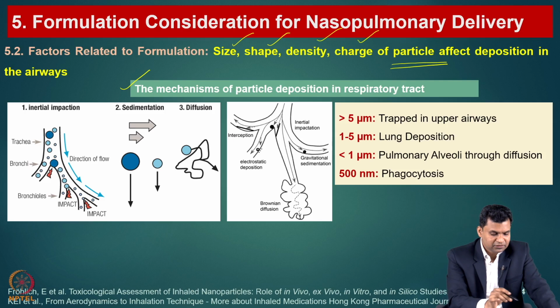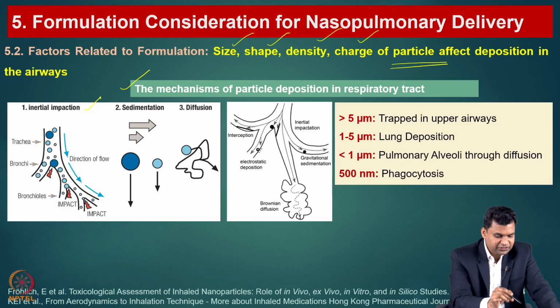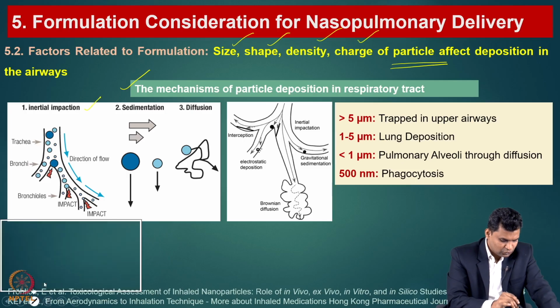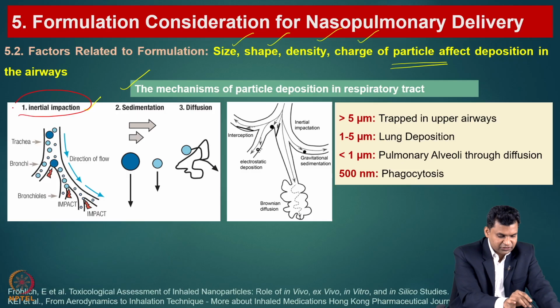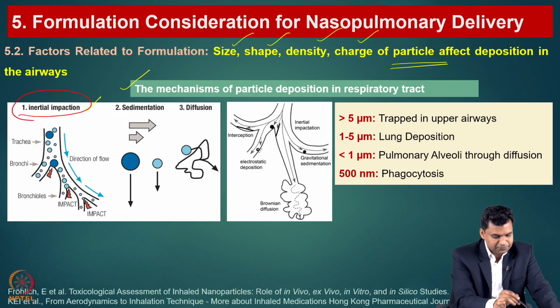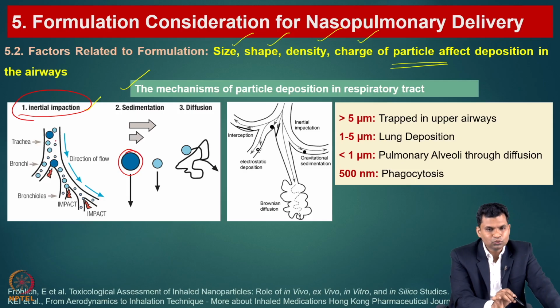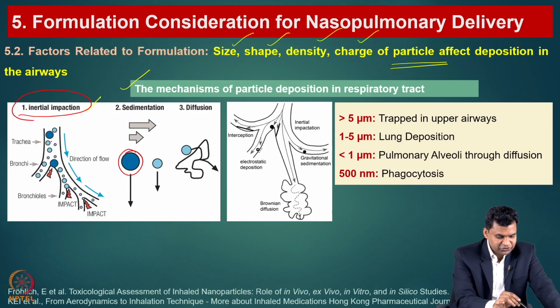The first one is inertial impaction. Now, we will see the large particles, which you can see in the dark blue color. After administration, they enter into the trachea, then the bronchi, and then the bronchioles. The particle is flowing, and it impacts on the bronchioles.